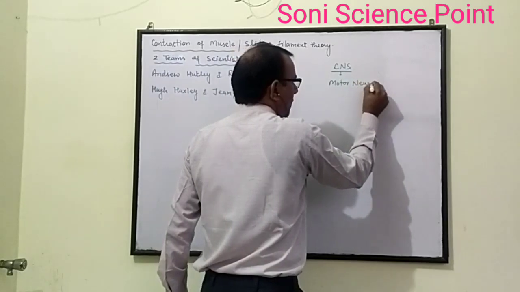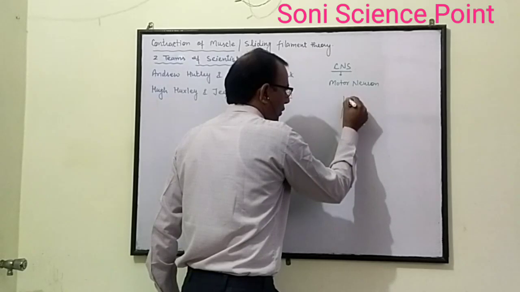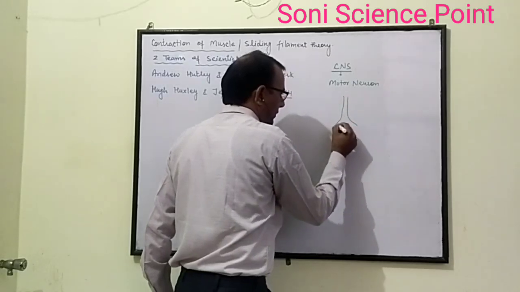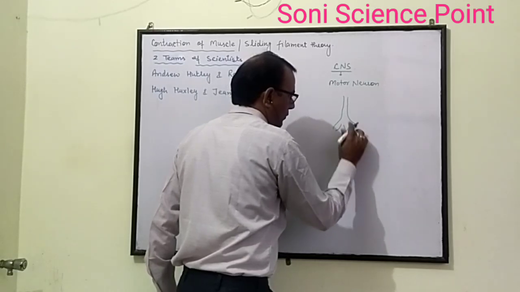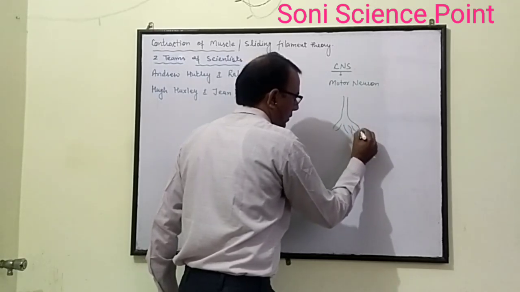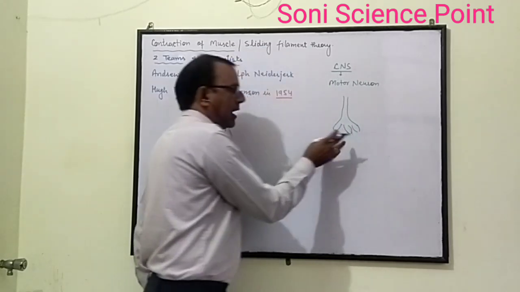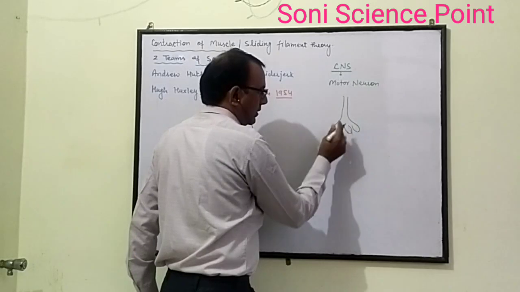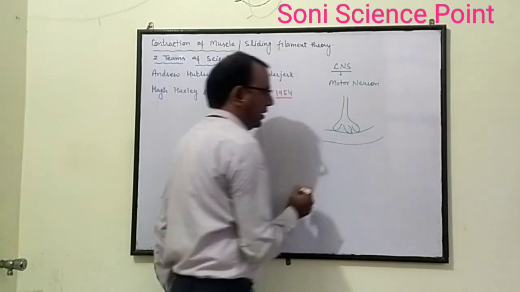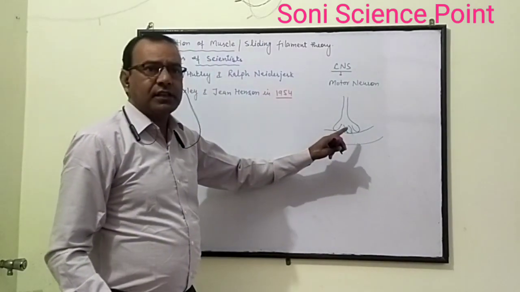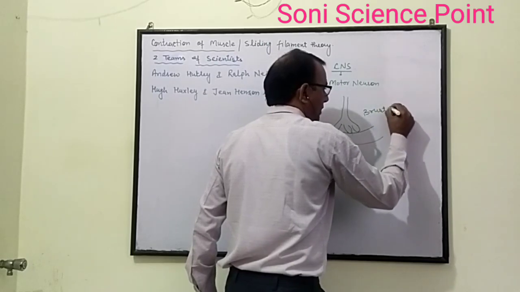The motor neuron transmits the signals to the muscles, and at its last end the synaptic knob is present. The motor neuron takes the information to the muscles, and at the end the synaptic knob bursts.